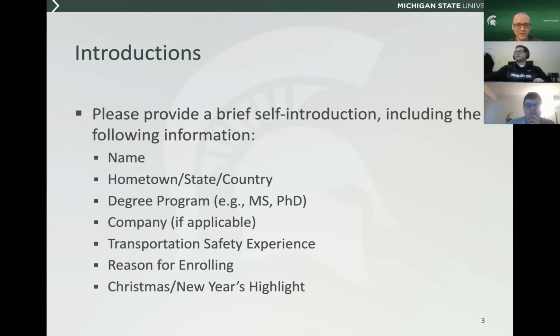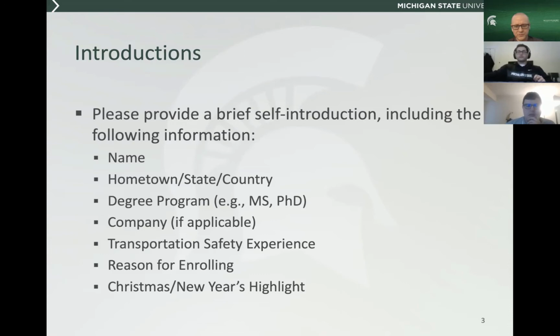So Pete Savalainen from Negaunee, Michigan. I did my undergrad at Michigan Tech, grad school at Purdue. And I've been at MSU since 2018. Prior to that, I was at Iowa State for 4 years. And prior to that, I was at Wayne State for 8 years. And so I've taught a graduate level course in highway safety at each of those 3 institutions.